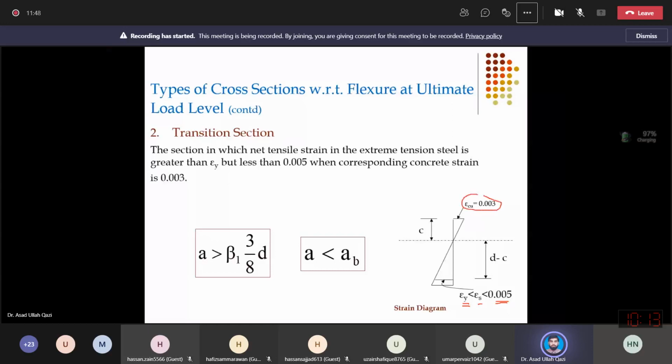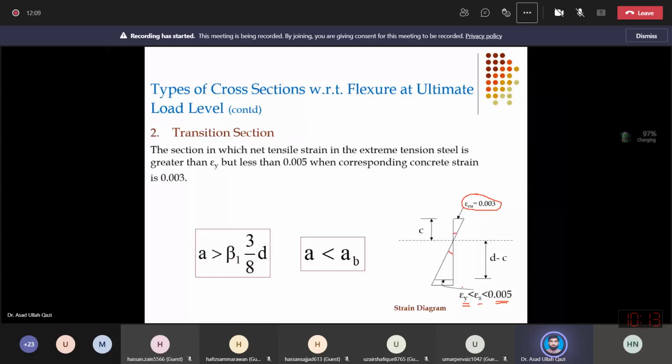So it is termed as transition domain. So it means when I will draw the cross section strain, I will have the same linear strain diagram and I can derive the equation.